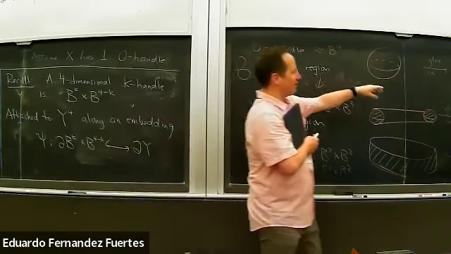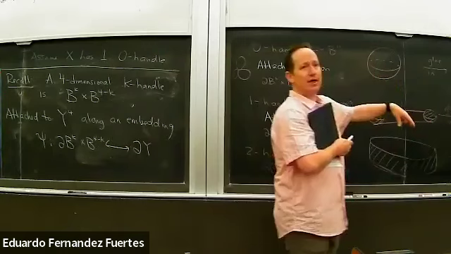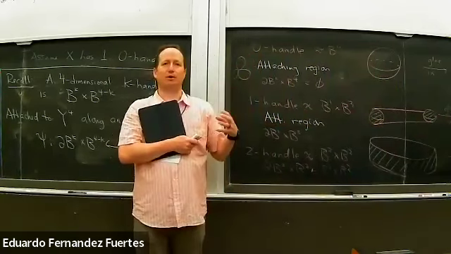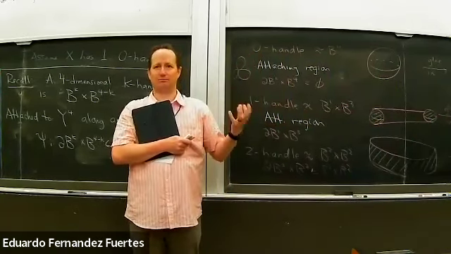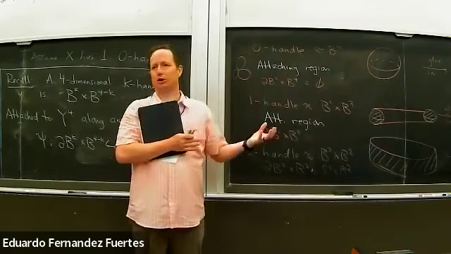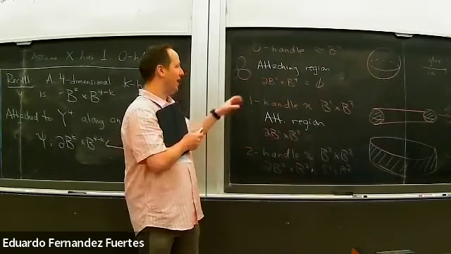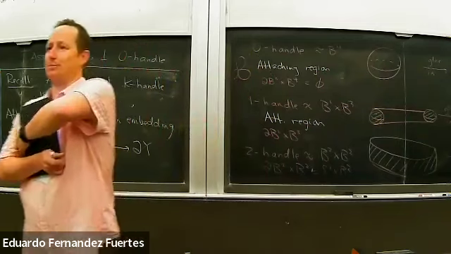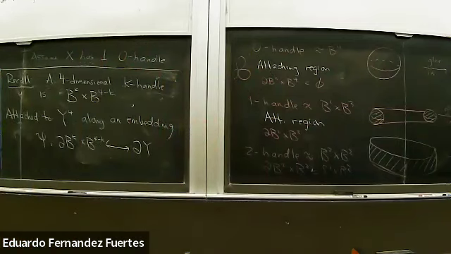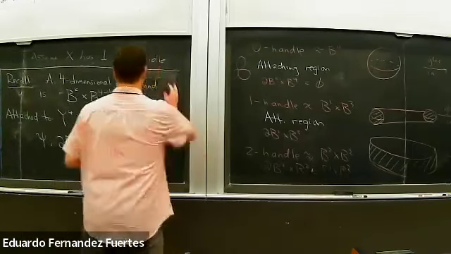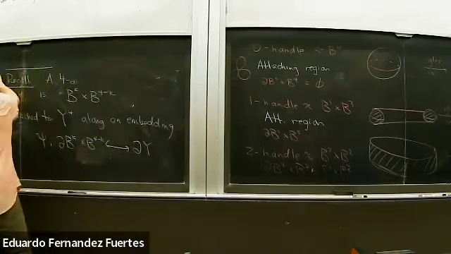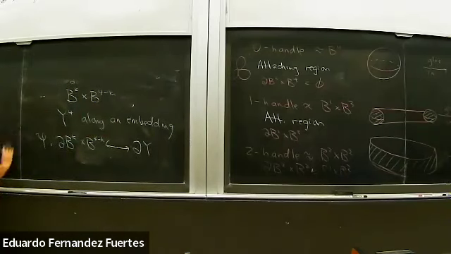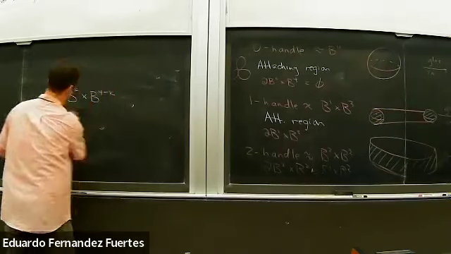So if you specify the 1 and 2 handles, then, assuming you're working with a closed manifold, for example, there's really only one way to glue in 3 and 4 handles. So that's all the information you have to specify. So a Kirby diagram is then just a diagram of S3. So maybe I'll just write this down a little bit more carefully.